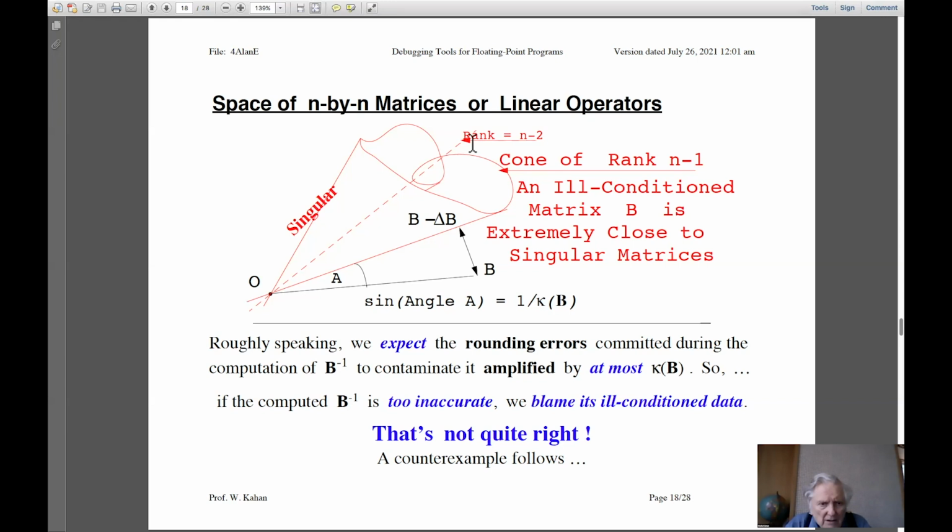Now, it turns out that there is every reason to expect that the rounding errors that you commit will get magnified by the condition number, roughly. And so if a computed inverse is very, very inaccurate, we blame it on the data. We say, well, the matrix must be terribly ill-conditioned. And that's almost always true, but not quite. A counterexample is going to follow.